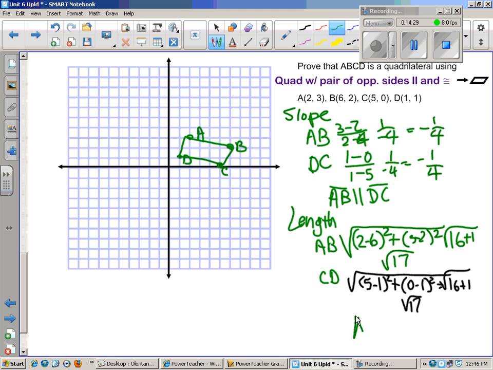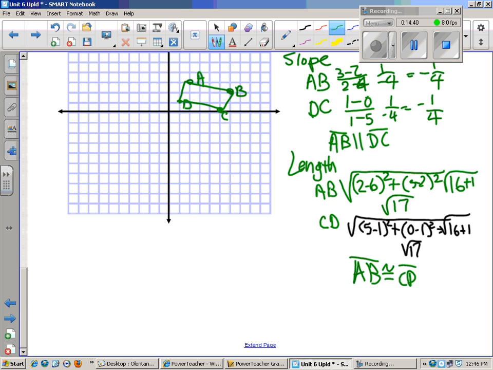AB is congruent to CD. Okay? Right. Therefore, ABCD is a parallelogram. Okay?